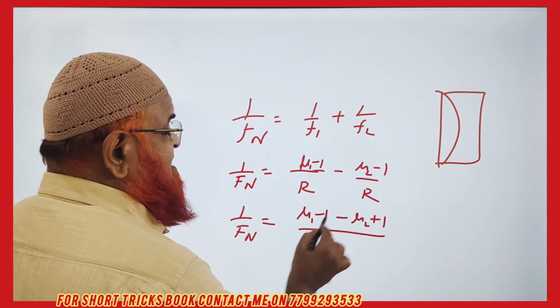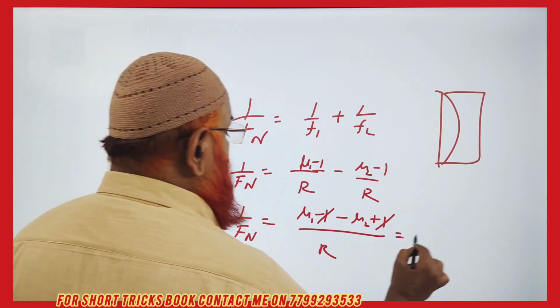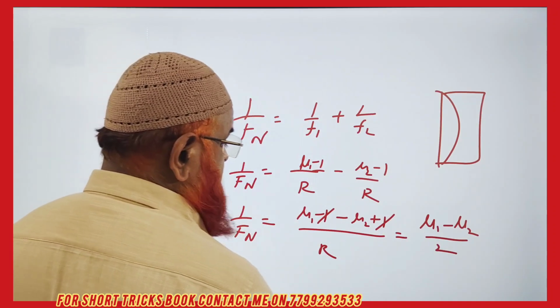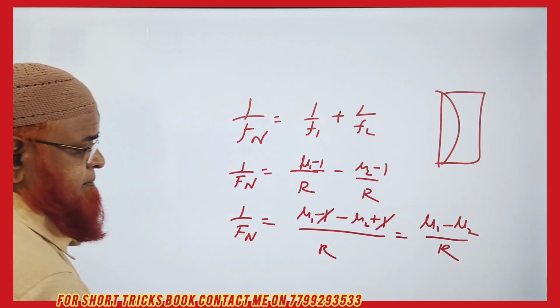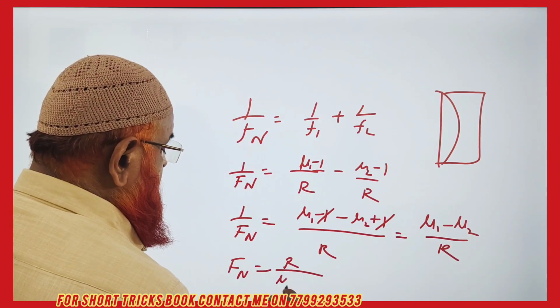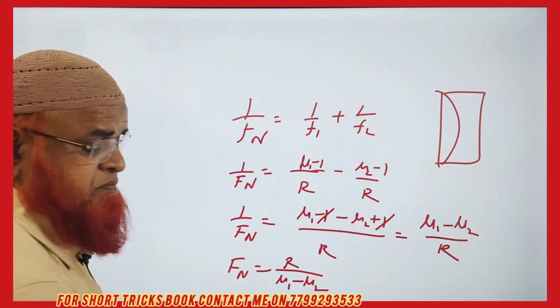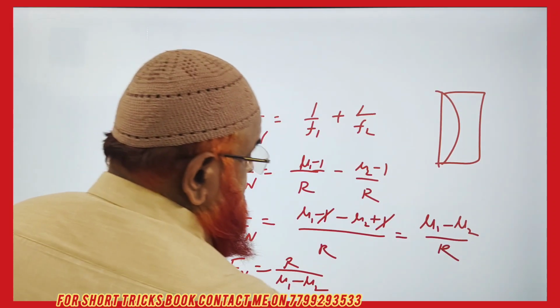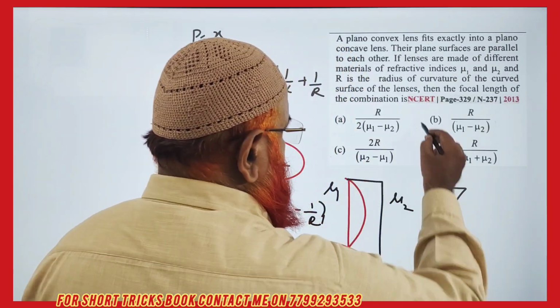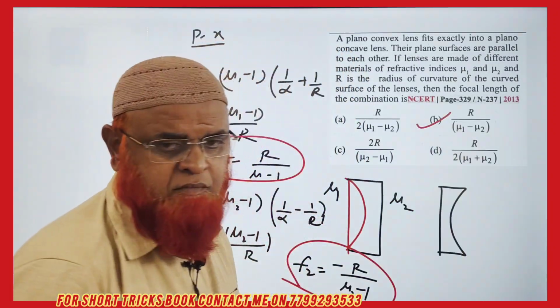Minus 1 plus 1 gets cancelled. What is left now? (mu1 minus mu2) by r. Therefore, f net is equal to r by (mu1 minus mu2). This is going to be our answer. Option B. Yes.